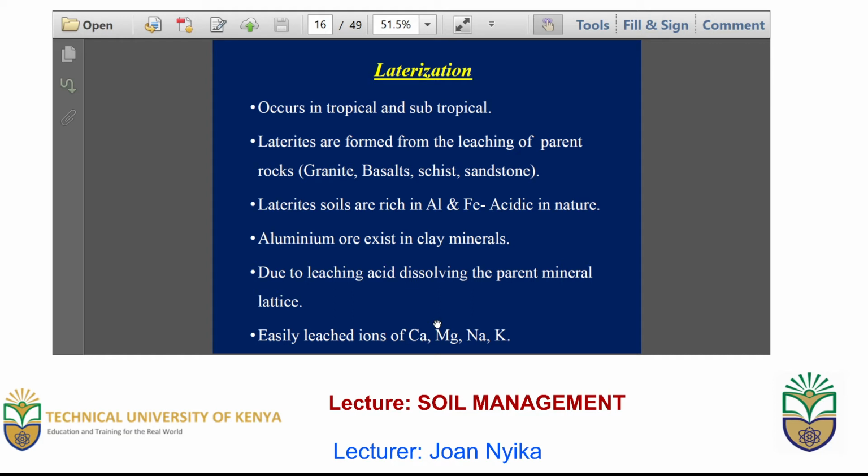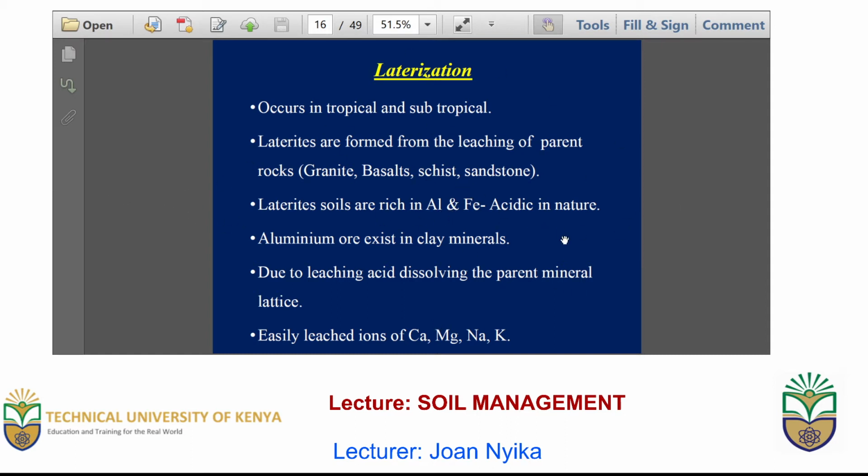It usually occurs in subtropical and tropical regions. In this case, the leaching of the parent rock that consists of sandstone, schists, basalts, and granite results in the formation of laterites. And laterites are soils that are rich in aluminium and iron. And the aluminium and the iron are acidic in nature.